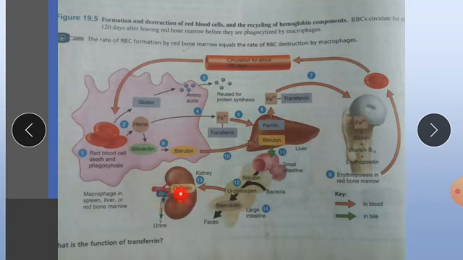This urobilin gives the natural color of our urine, the pale yellow color, which develops once the bilirubin is converted into urobilin, and in the kidney it is released into the urine.